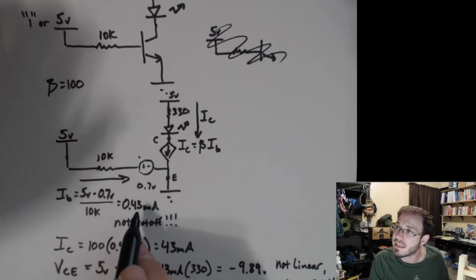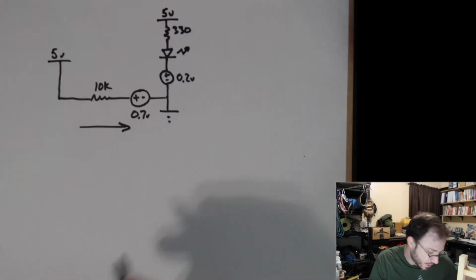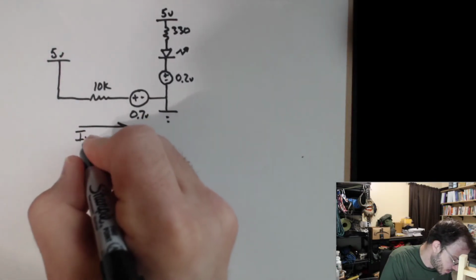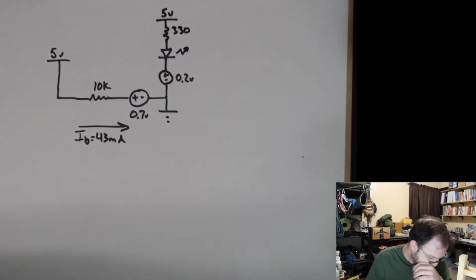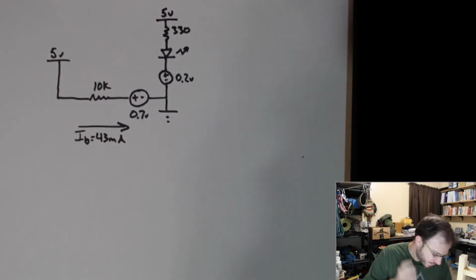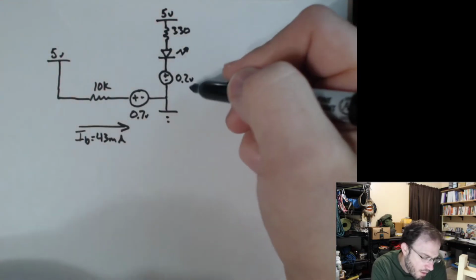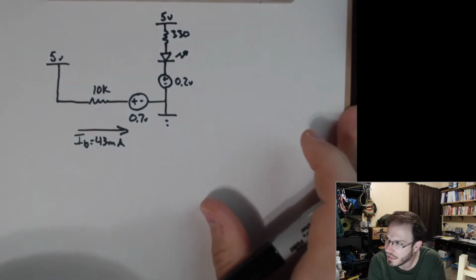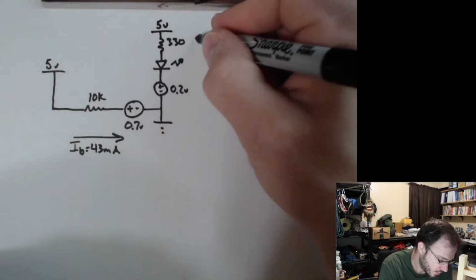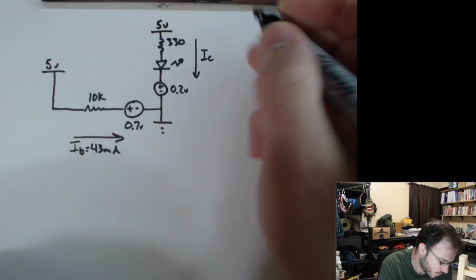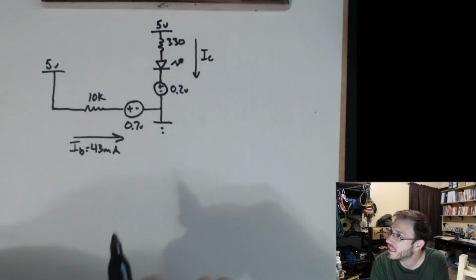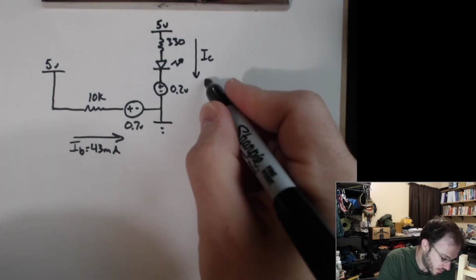We know that IB is equal to 0.43 milliamps. However, our collector current definitely has changed, and our VCE has changed.